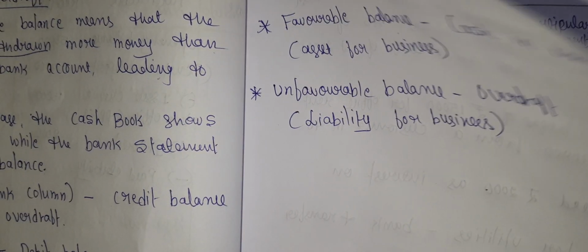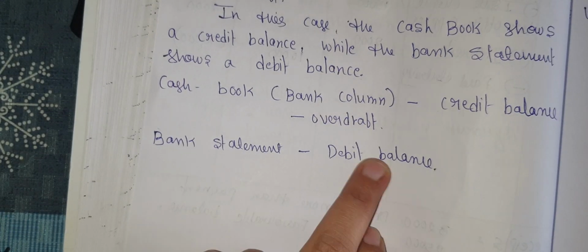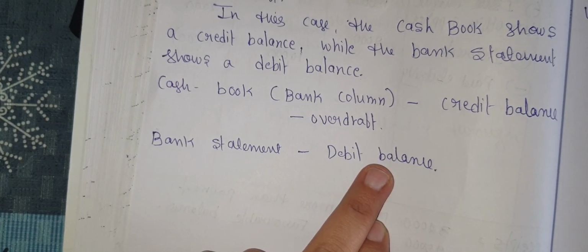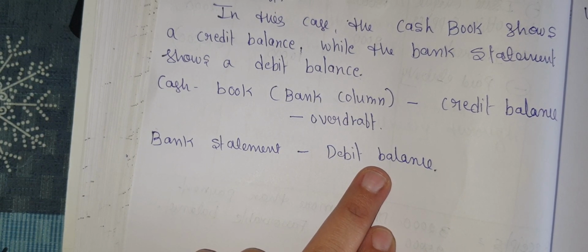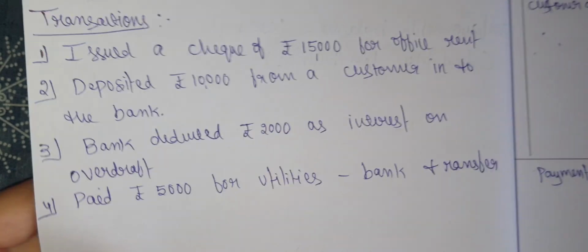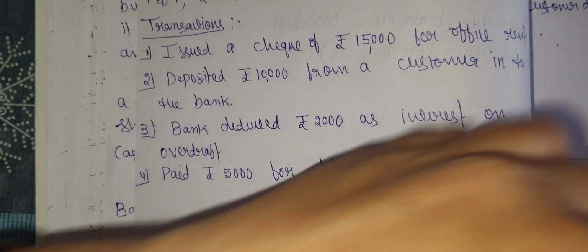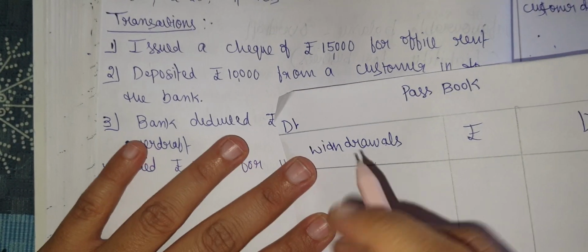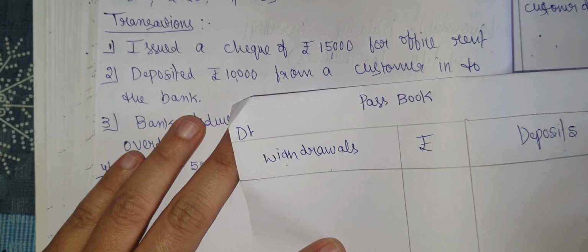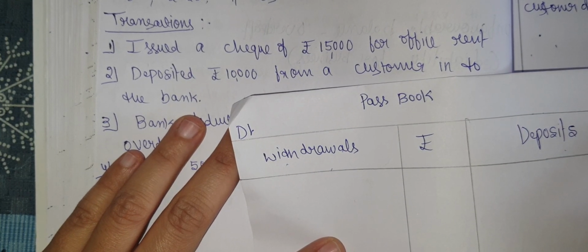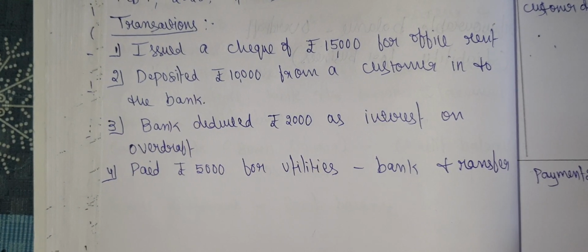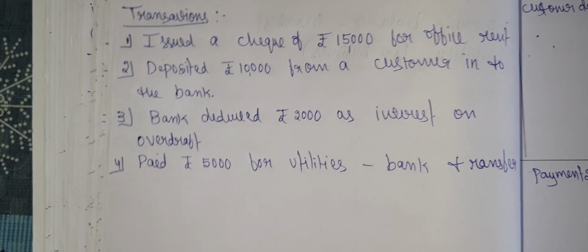And in the bank statement, what happens? In the bank statement, debit balance is called an unfavorable balance. See here in the bank statement, what happens? All the withdrawals come in the debit side and all the deposits will come in the credit side.